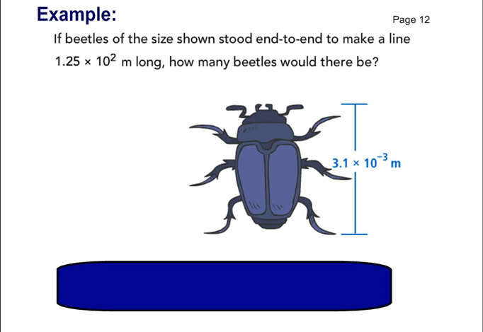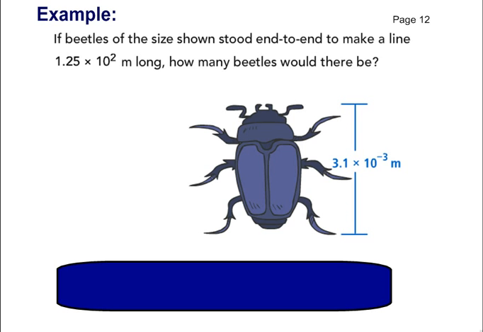When we take 10 to the 2nd power and divide it by 10 to the -3rd power, we end up with 10 to the 5th power. So what we're looking at is 403 thousandths times 10 to the fifth power.